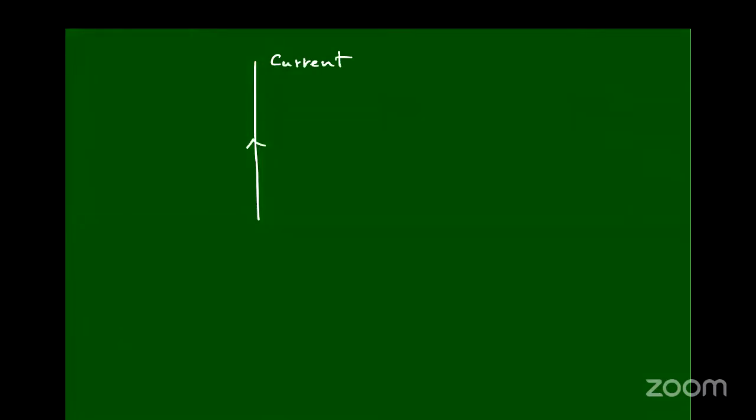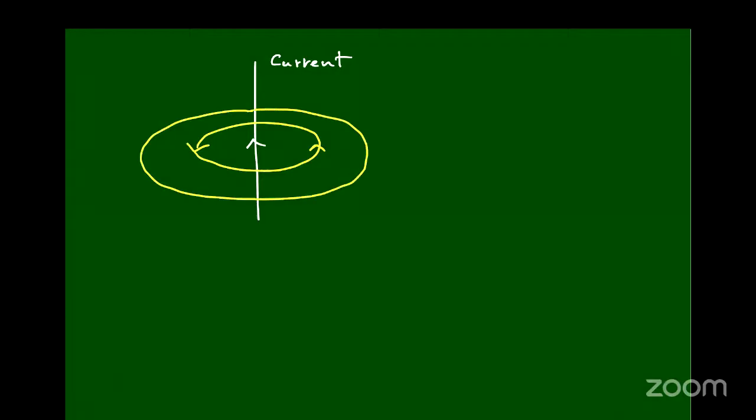And according to this experiment, you can see that the magnetic field is generated like this, right? So here is the current, and that is the magnetic field.